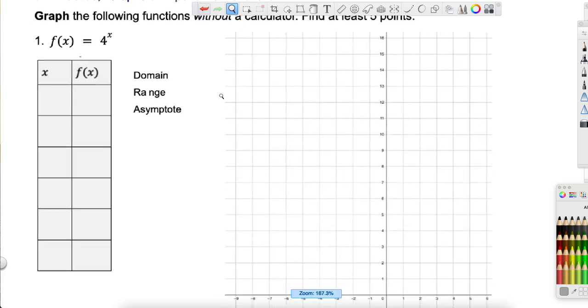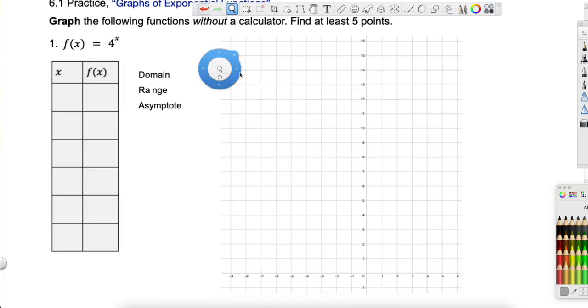So I got f of x equals 4 to the power of x. F of x is just function notation. It's the same as y. I could replace this with y equals 4 to the x. Let's first think about what good values would work for x. We want to find our anchor point, and that is when we substitute 0 for x.